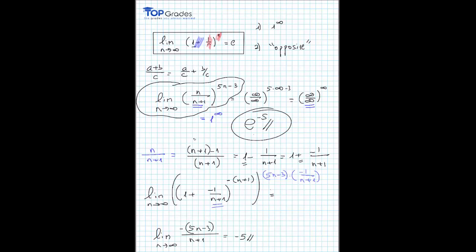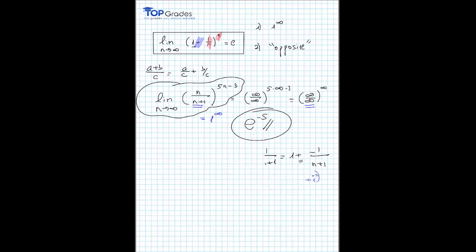But please make sure not to make the common mistakes. I see many of my students making this mistake. It can be because of the pressure of the test. If you have something like, let's say, the limit of n in the power of n, for example, don't run and say it's going to be like this, because it's not true.